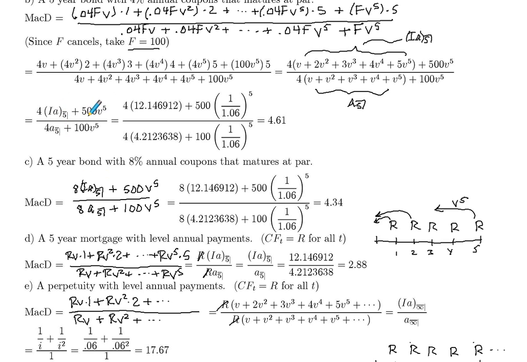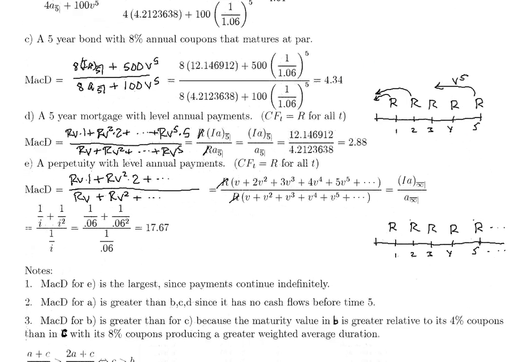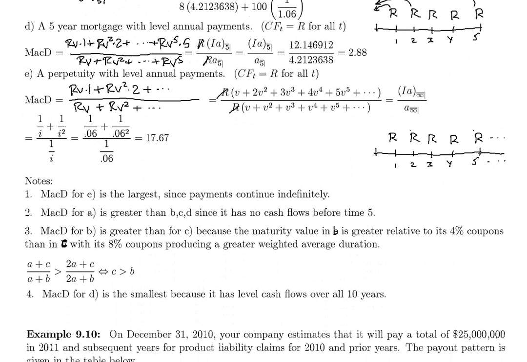Okay, so the end value was larger relative to the 4% coupons than it was to the 8% coupons. So that should push this duration out farther. So that's why this is 4.61 versus 4.34.